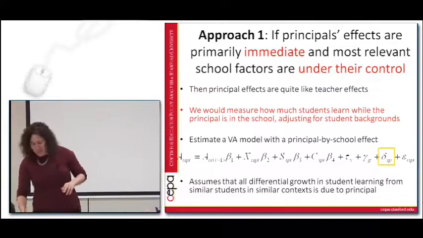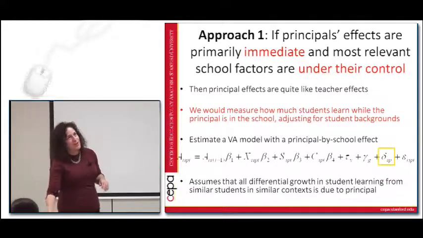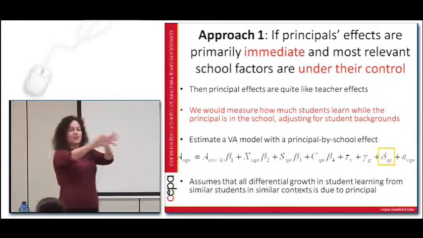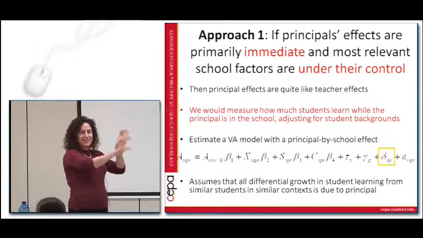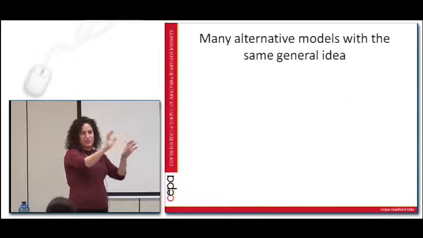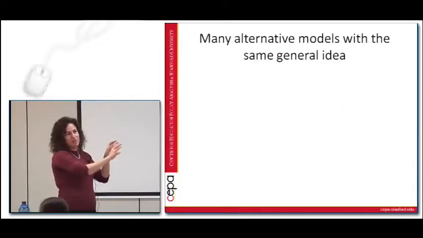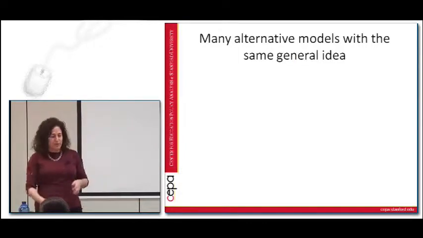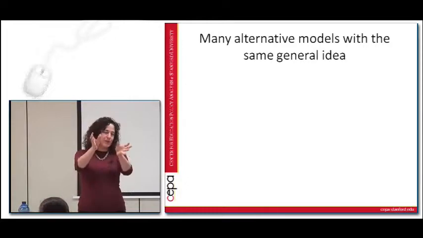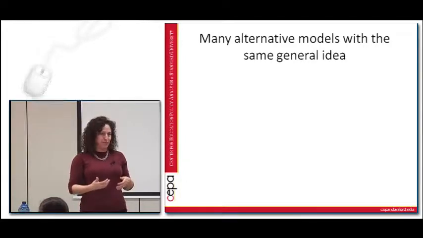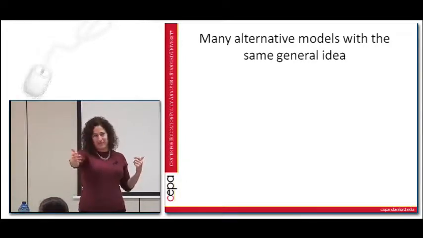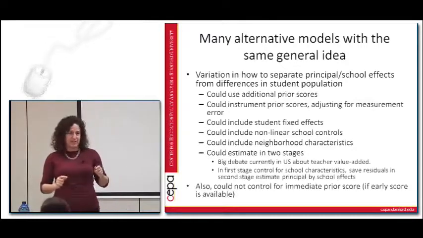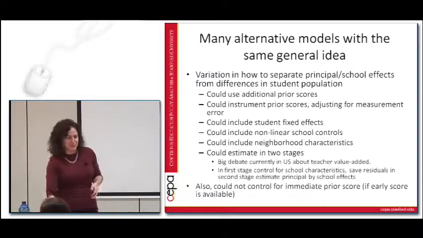The reason you do this is that if we think of that school as some kind of constant unit, and we want to see basically if the principals who are there at different times have different effects, if students learn more under one principal than under another. And to do that, we can basically take out the average effect of the school over a long period of time, and then just look at the marginal effects of the principals on top of that. So that's a second approach.